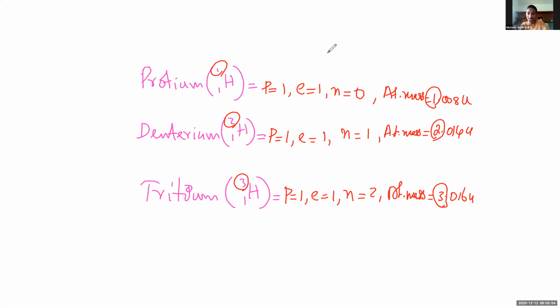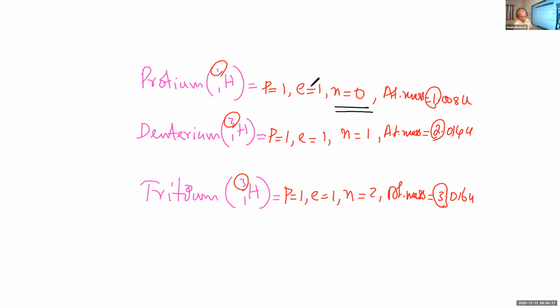So protium is the only atom among all the elements which does not contain neutron. Say neutron-free atom, that is protium. It is the lightest isotope of hydrogen, and it is known as ordinary hydrogen.